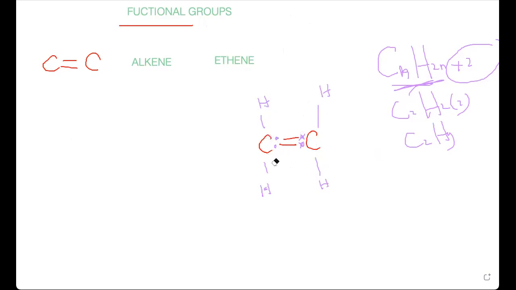So all the bonds will arrange themselves in a specific shape to minimize the repulsion. If you remember the shape of a molecule with 3 bond pairs and 0 lone pairs, you have to draw it like this. You don't have to focus on this hydrogen. Can you tell me the shape of the molecule here?